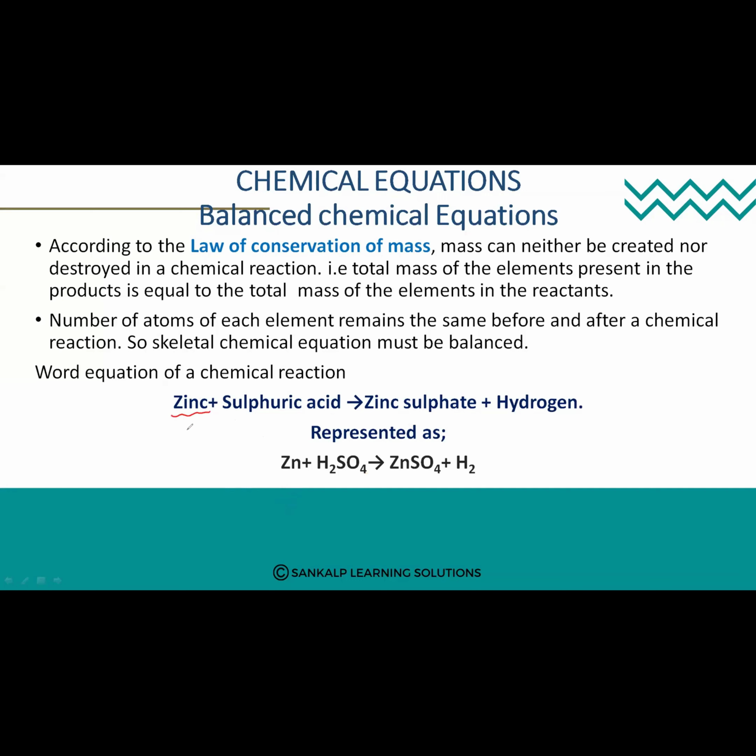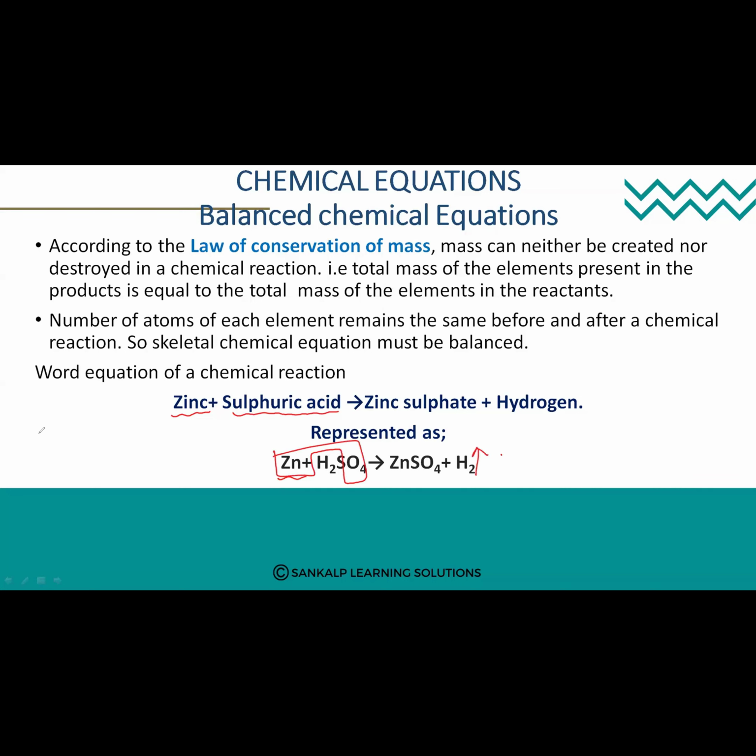For zinc, we write Zn. Sulfuric acid is H2SO4. When zinc reacts with H2SO4, you get zinc sulfate plus hydrogen gas is evolved.